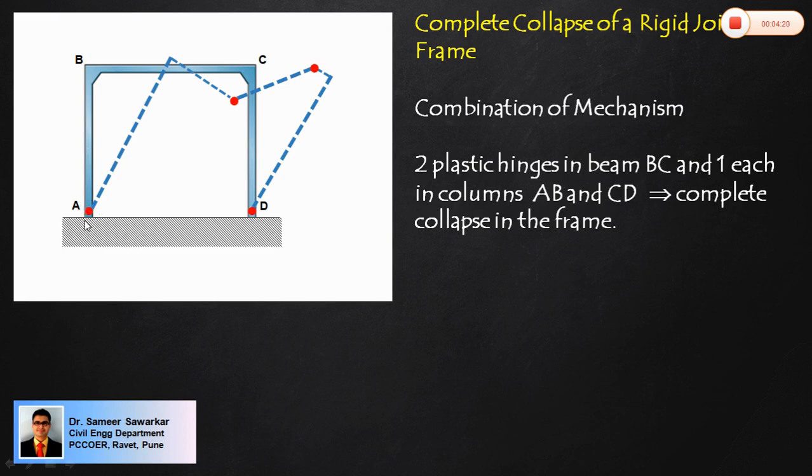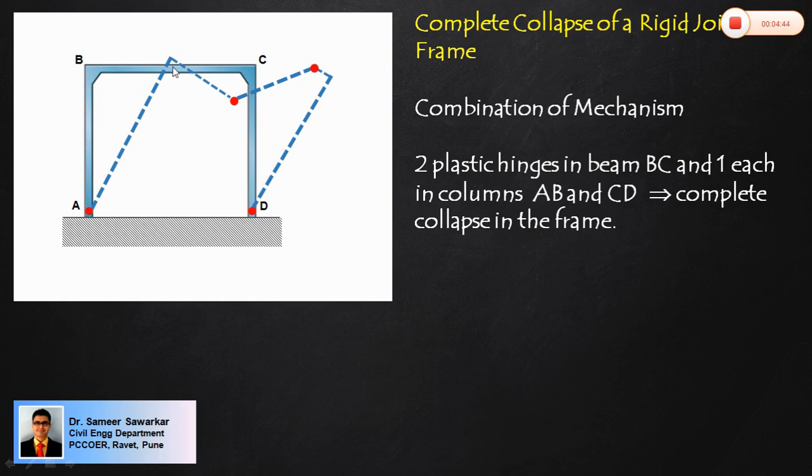One plastic hinge is formed in column AB, one plastic hinge is formed in column CD, and two plastic hinges have been formed at the center of beam BC and near joint C. If you look at this shape, it reminds us of the beam mechanism, which was a partial collapse.